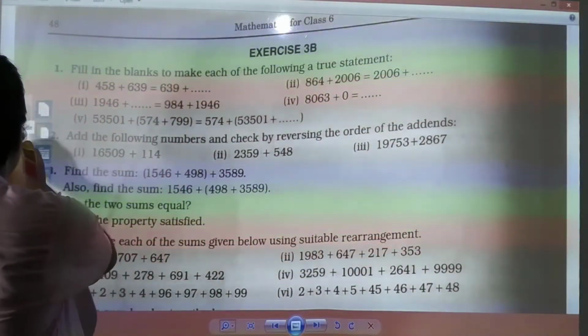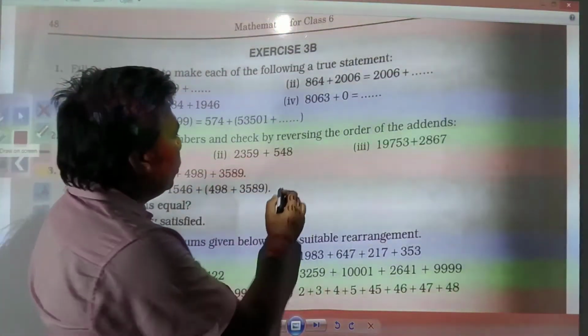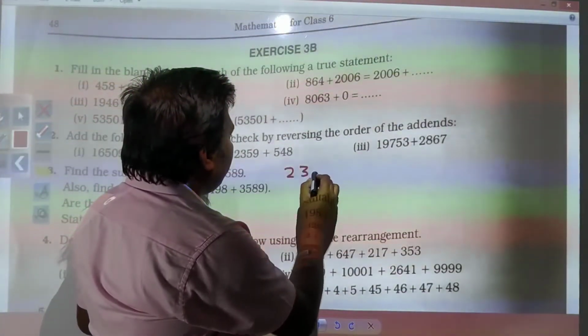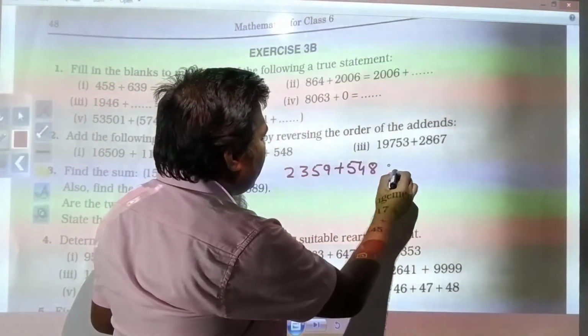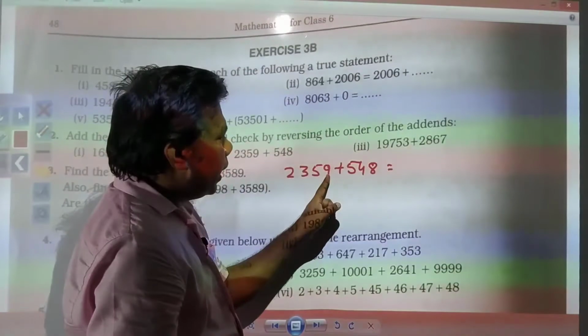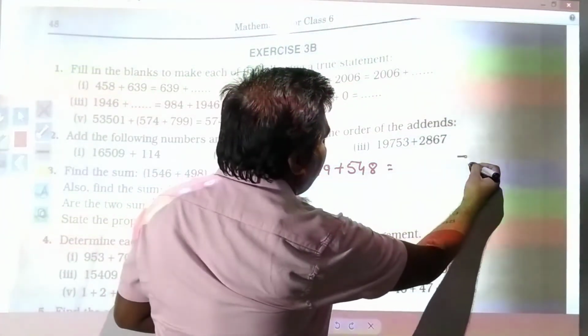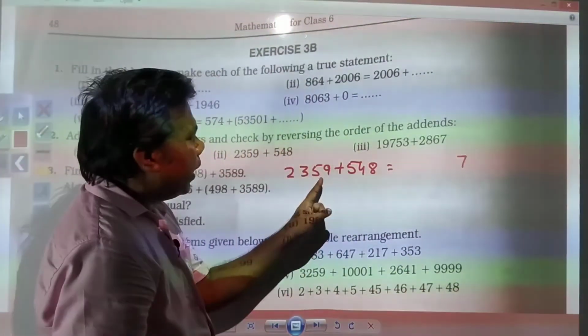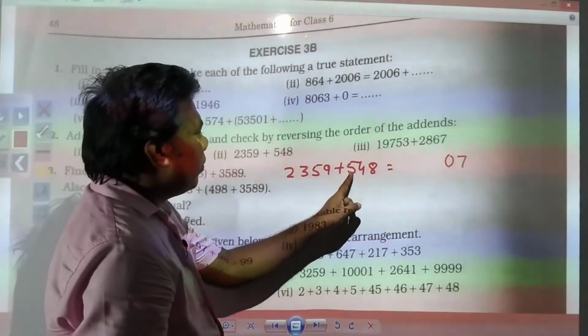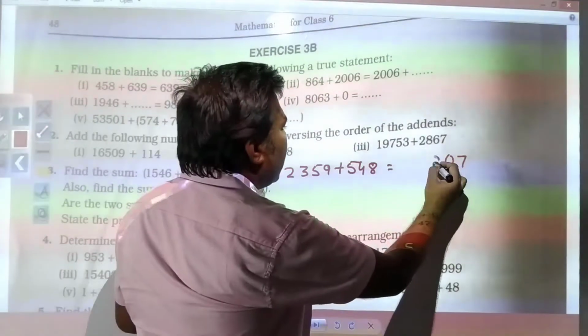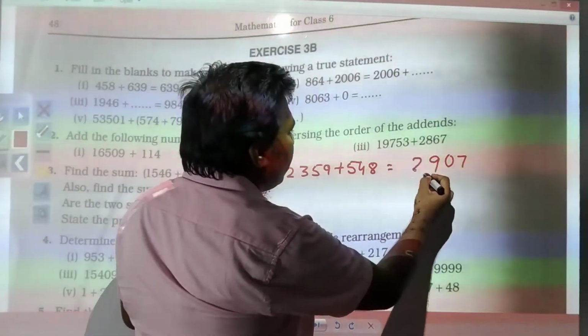Next you see 2359 plus 548. What you will get? 8 and 9 is 17, 1 you have, 4 and 5 is 9 and 1 is 10, again 1 you have, 5 and 3 is 8 and 1 is 9, and this is 2.